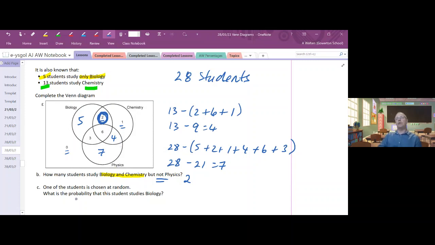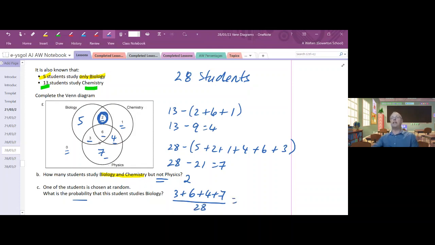Okay. The next question, the probability that these students study biology. Okay. So I'm looking for the number of students who study biology, and they are the 3, the 6, the 4, and the 7. So if I add those, and the total number of students is 28.